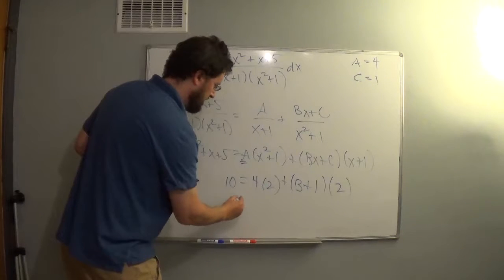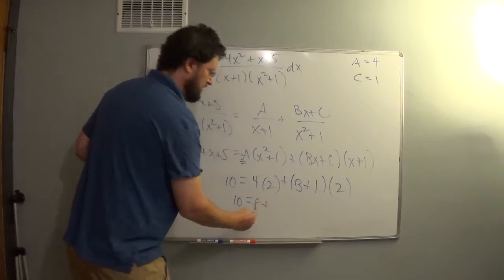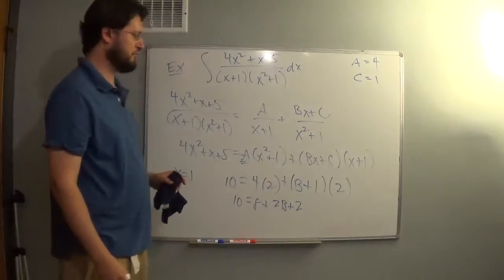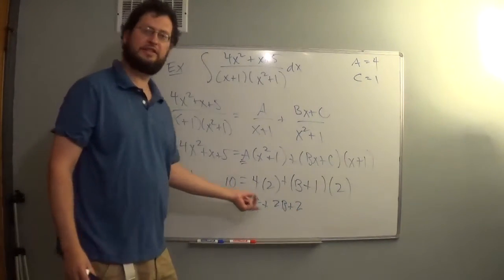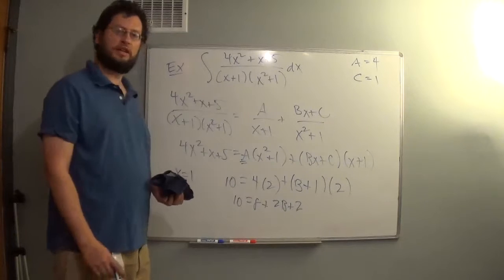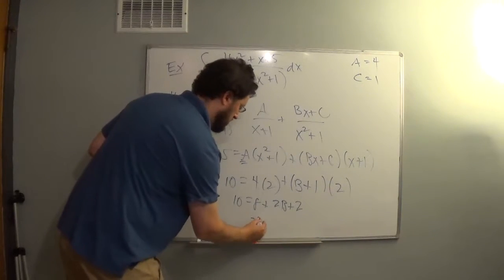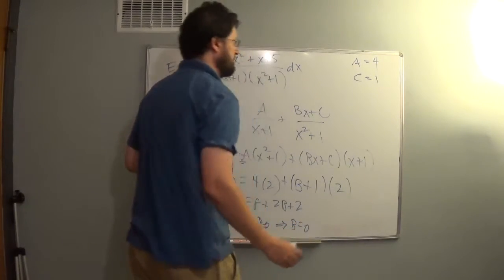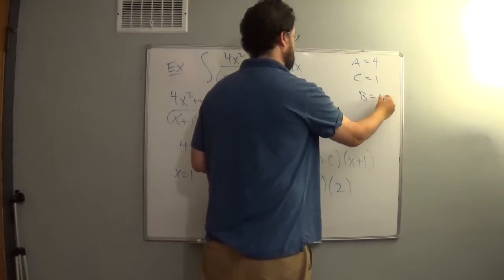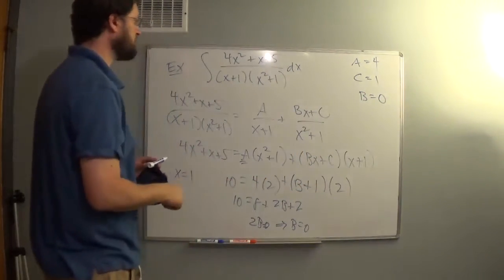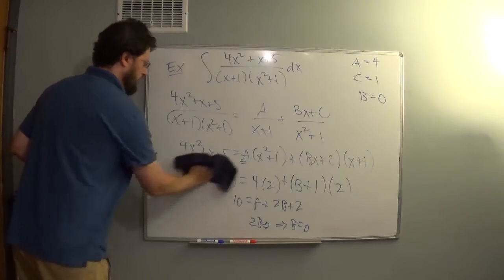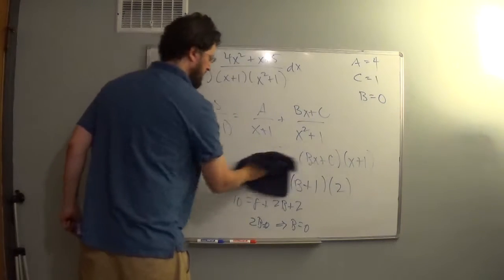So that's 10 is equal to 8 plus 2B plus 2. By distributing the 2 in, 10 is 10 plus 2B. Subtract that out, we get 2B is 0, so that B is 0. Now we've got A, B, and C.